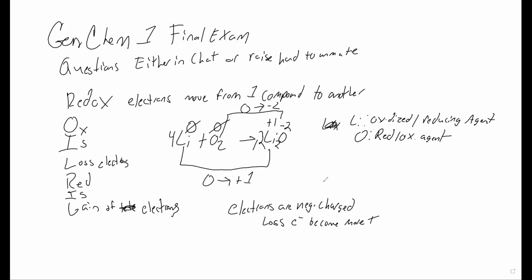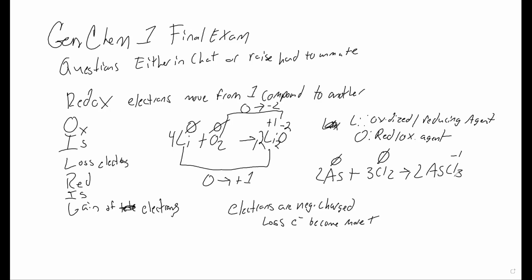We have 2 As plus 3 Cl2 goes to 2 AsCl3. So As by itself is 0. Chlorine bound to itself is 0. Chlorine in a molecule, it's a halogen, so it's always -1.